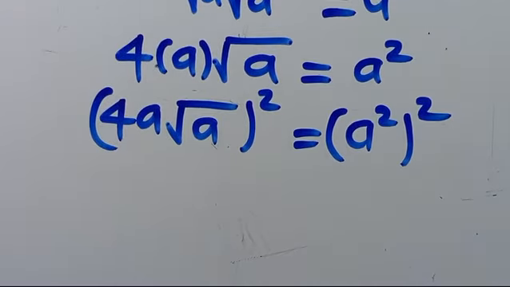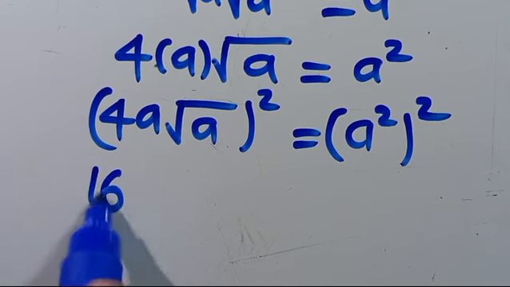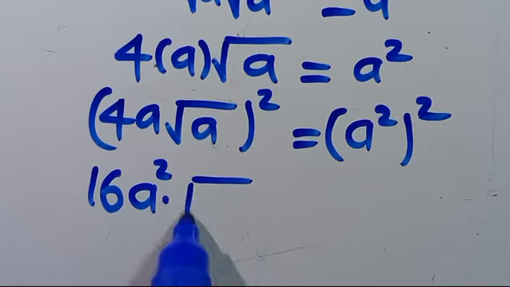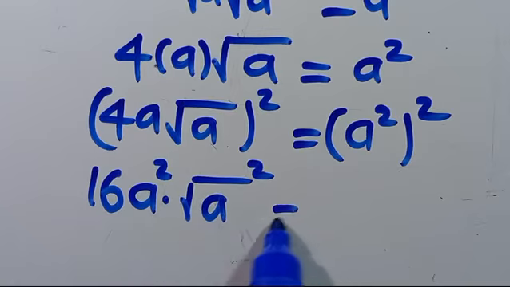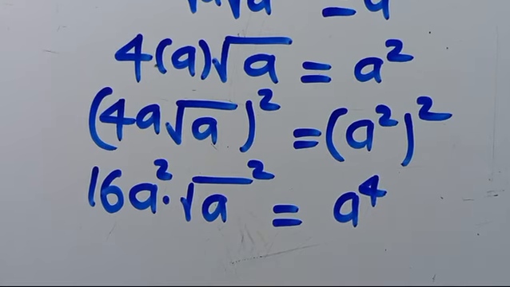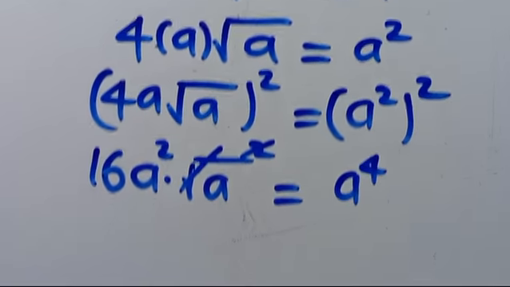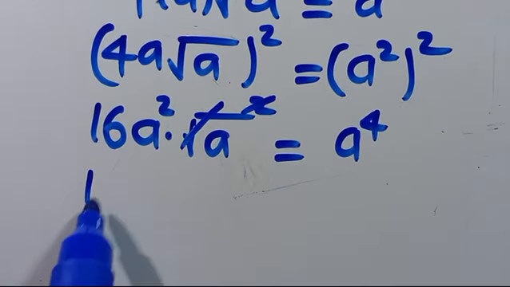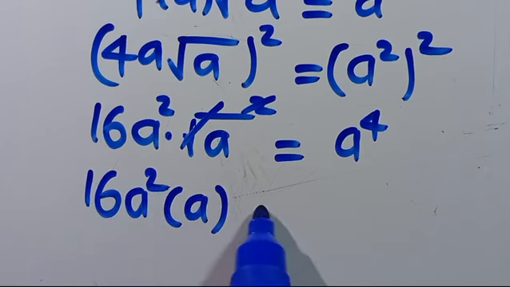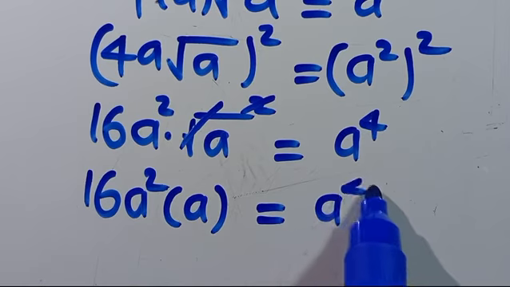Now from here we have 16a squared multiplied by root a squared equals a to the power of 4. Now we cancel out the root, so we have 16a squared multiplied by a equals a to the power of 4.